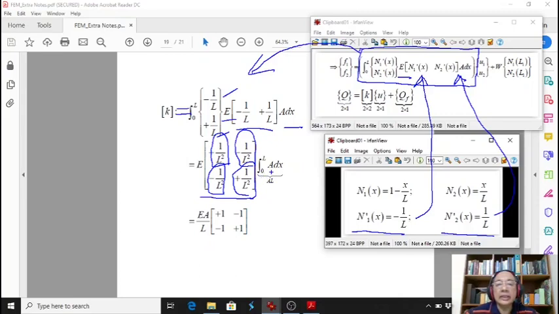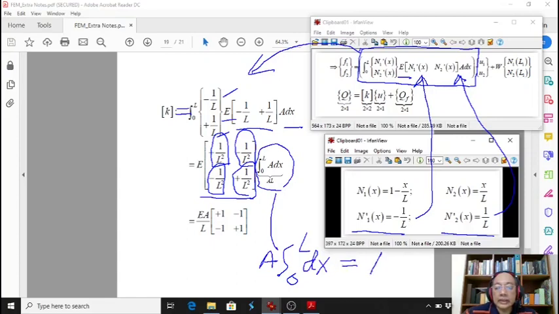So the integration of 1 dx is x from 0 to L, so A times L minus 0 is L. That's why we get AL.